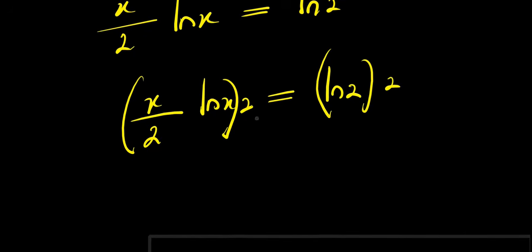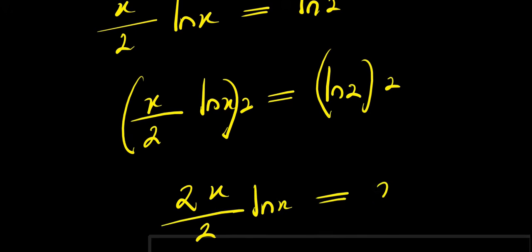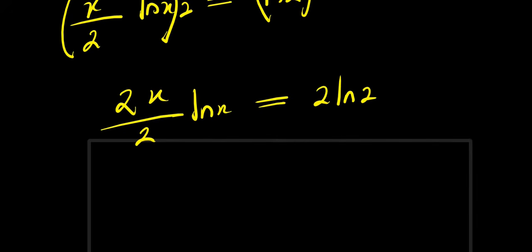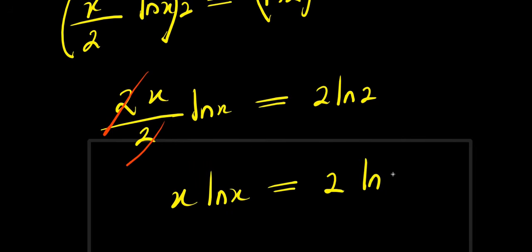So if you multiply this by a, you have a times x divided by a times ln x equals a times ln 2. So right now, a eliminates a. I'll have x times ln x equals a times ln 2.